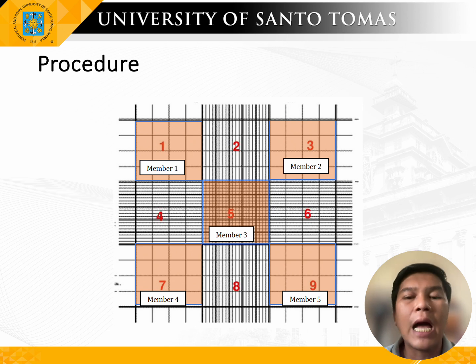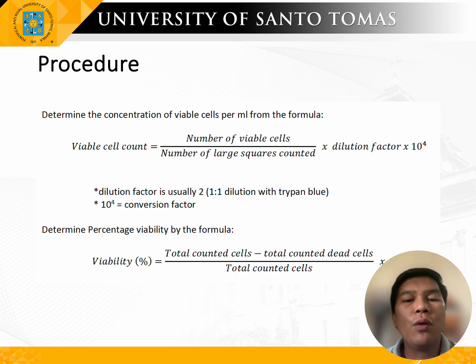Once you are done counting the number of cells in each of the different quadrants, you are going to perform, of course, this part of the activity, which is to determine the concentration of viable cells per ml from the formula where viable cell count is equal to the number of viable cells over the number of large squares counted times dilution factor of 10 raised to 4.